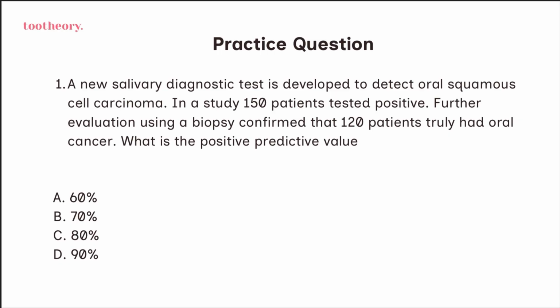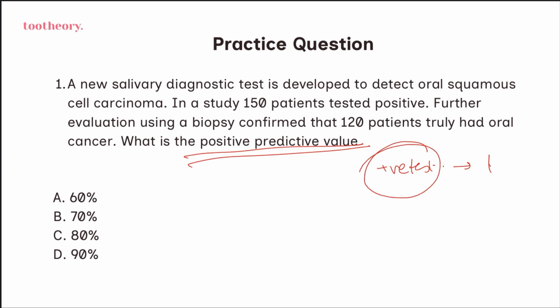The first question that I ask myself in these questions is, what statistic are they asking? If they're asking for the positive predictive value, I immediately think of the positive test first, and then we ask how many of these positive people truly have the disease. So the true positive people are 120, because in actuality only 120 people are positive as confirmed by the gold standard, and 150 would be all the positives, that would be true positive plus false positive.